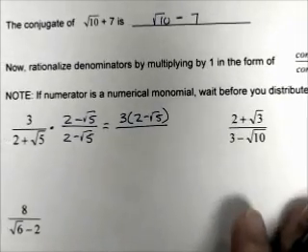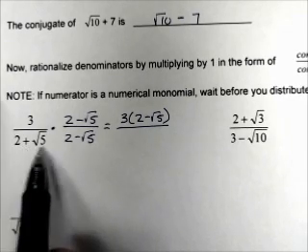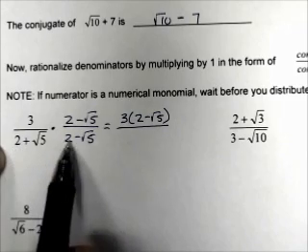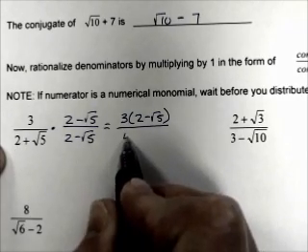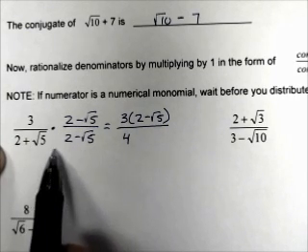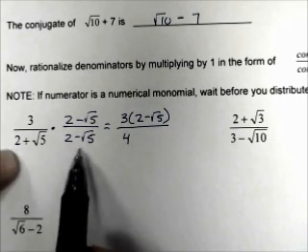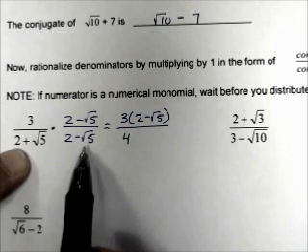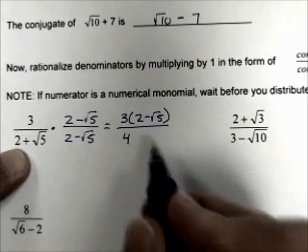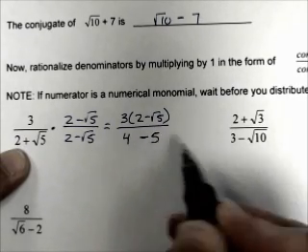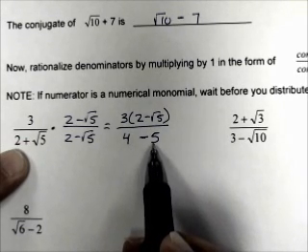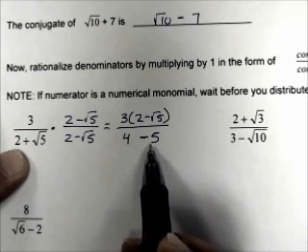But the denominator, when we FOIL, because these are conjugates, the end result is going to be the product of the first terms. 2 times 2 is 4. Your outside and inside terms are going to combine to be 0. So then we're left with the product of the last terms. Square root of 5 times negative square root of 5 is going to be minus 5. 4 minus 5, that can combine, that's negative 1.